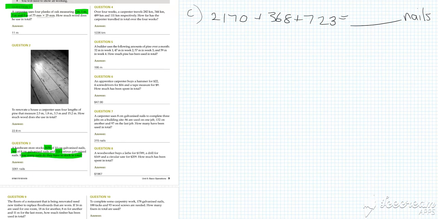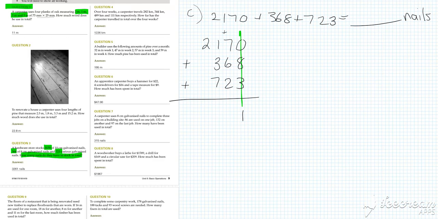Now, what we need to practice is to make sure that when we're adding, we are putting our numbers underneath each other, and we're adding on the right hand side first. That would equal 11, carrying over the 1 as a plus.